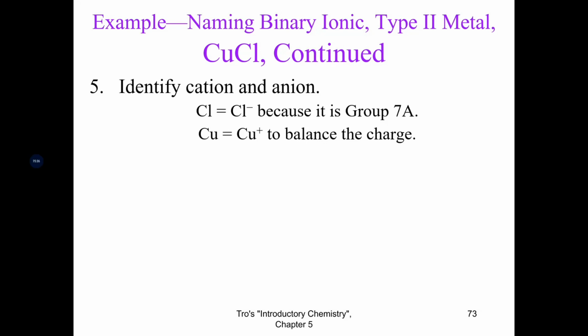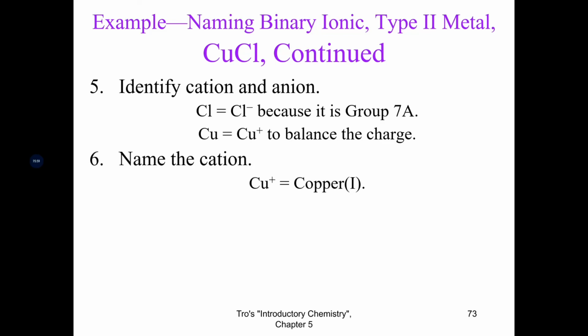The cation is copper, and it's type 2. That means I need to use the charge on chloride in order to determine the charge on copper. And the charge on the chloride ion here is negative 1. I have only 1 of them, and I have only 1 copper. Therefore, the charge on the copper ion is plus 1. That would allow me to balance the charge.